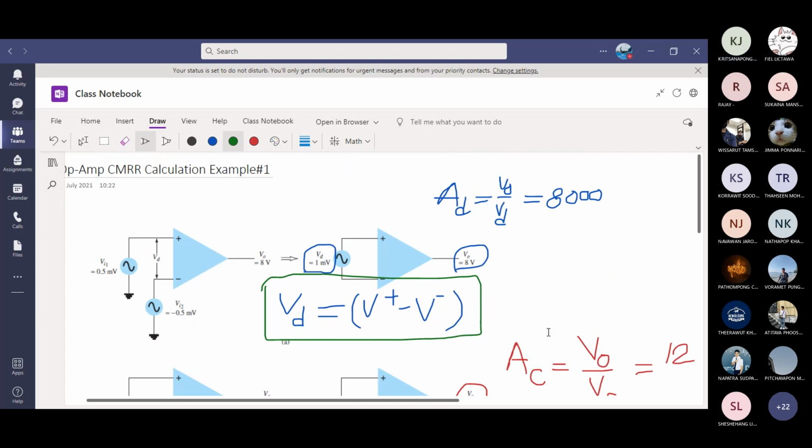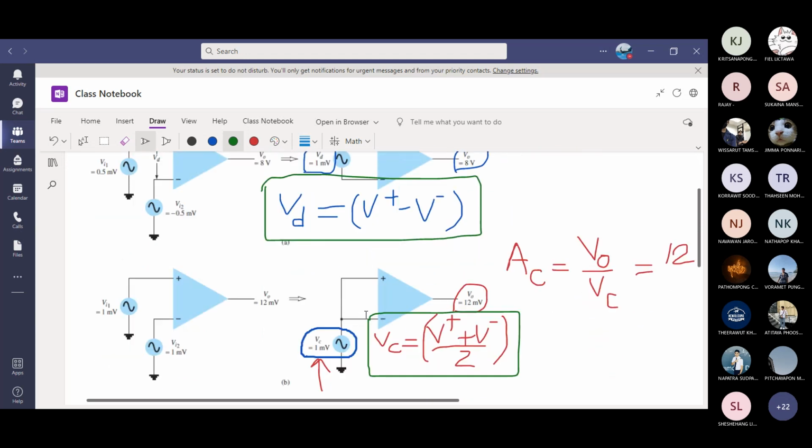So what is the final output of this op amp then? We have seen the formula earlier in this class: AD VD plus AC VC. So you can take 8,000 times 1 millivolt, plus AC VC.